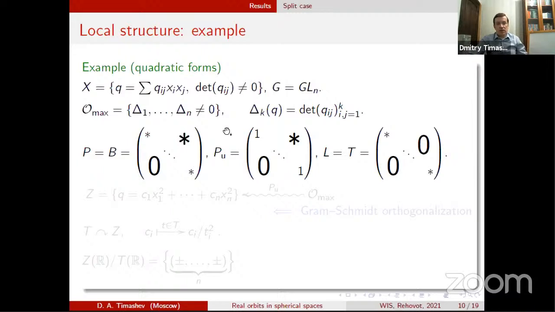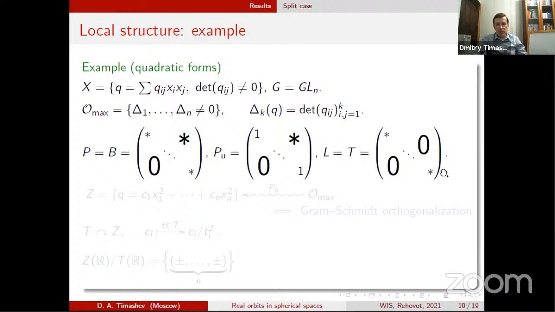In this case, the data involved in the local structure theorem are described as follows. The parabolic subgroup P coincides with the Borel subgroup. It is the upper triangular matrices. Its unipotent radical is unitriangular matrices, and the Levi coincides with the maximal torus.